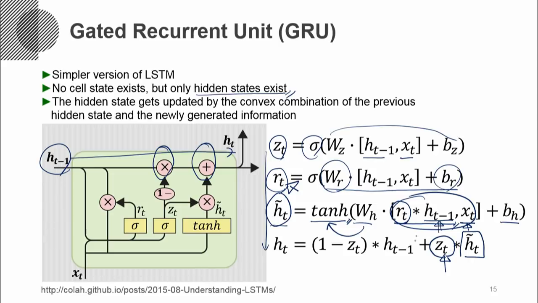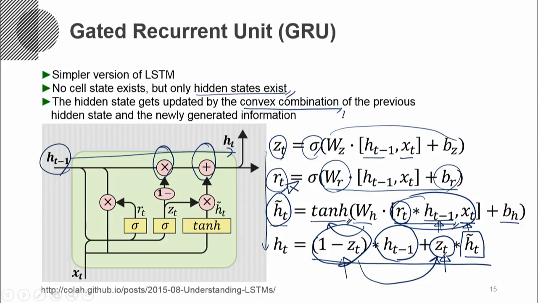At the same time, how much to forget of the previous hidden state information was done through the forget gate in the LSTM. There is no separate forget gate here, but the forget gate is actually 1 minus this input gate, so it is called a convex combination.